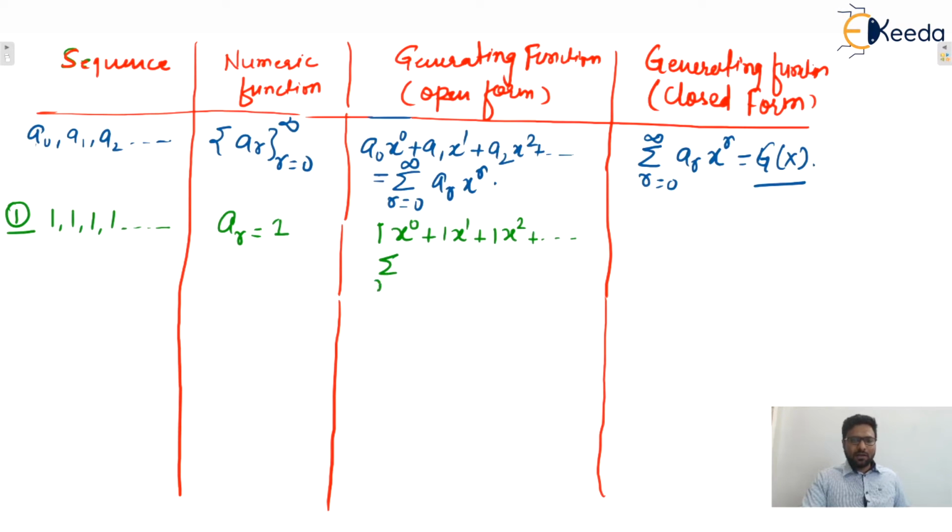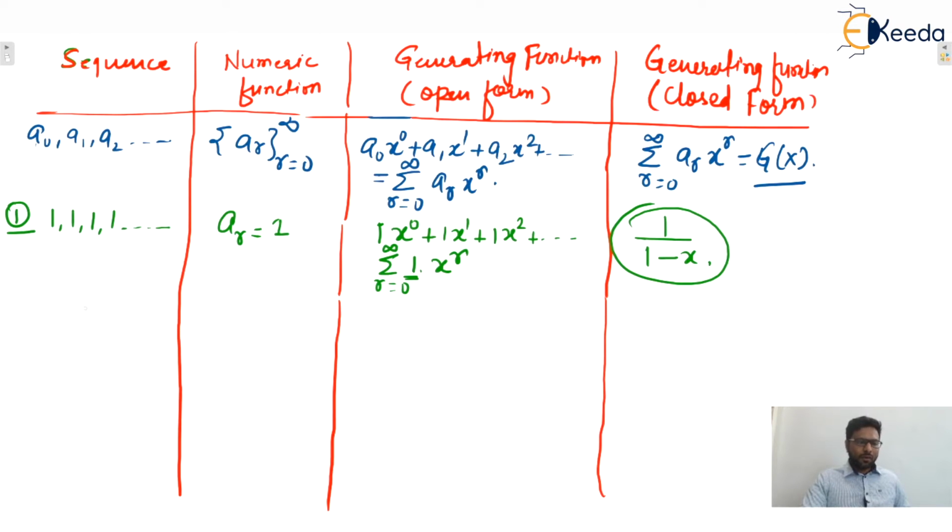This can be written as summation r 0 to infinity of a_r into x raised to power r, where a_r is 1. So what will be the sum of this series? This is an infinite GP series, and the sum will be 1 upon 1 minus x. So that is your generating function in closed form, isn't it?